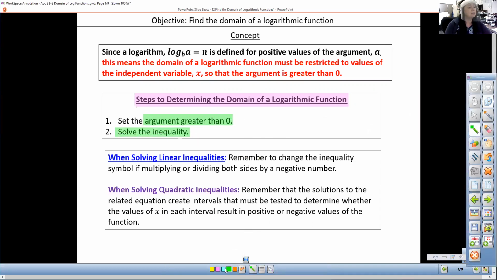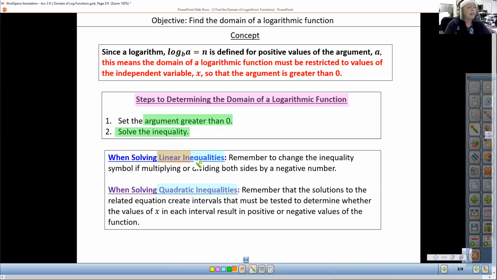Now, here's where things will get different between one problem and the next. In this lesson, our arguments are going to be either linear expressions or quadratic expressions, which will create then either a linear inequality or a quadratic inequality.